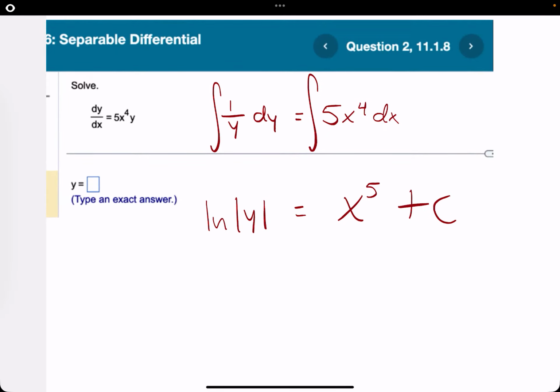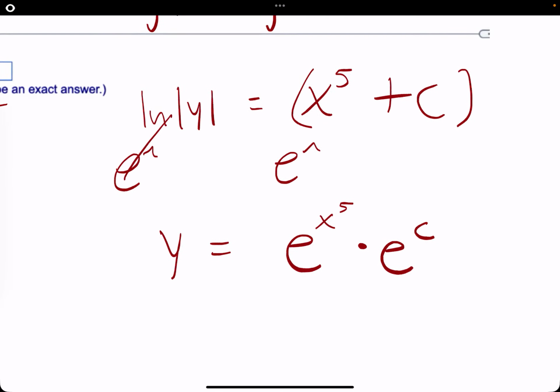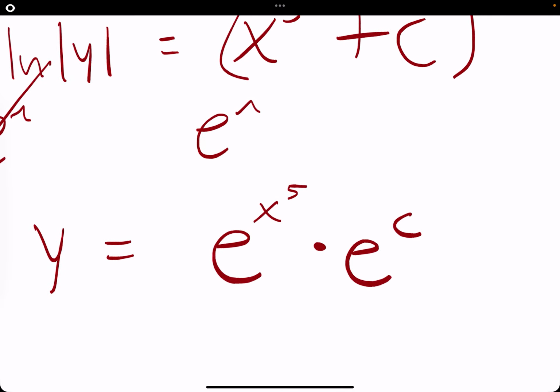Now, we want to solve for y. We're typing an exact answer. So all we do is eliminate the ln by making e the base of both sides. The e and ln cancel, and at that point you're left with y. We could write it as e to the x to the 5th plus c, but they will often, and by often I mean 100% of the time, break up that addition within the exponent as multiplication of two terms, both with e as the base: x to the 5th as one exponent and c as the other.